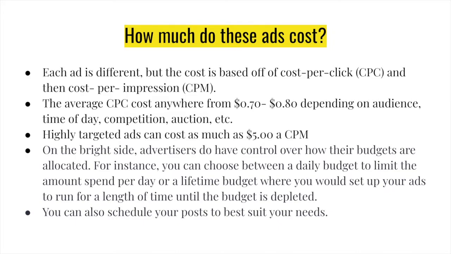The other thing that cost can be based off of is called cost per impression, which, rather than being based off of the clicks on the advertisement, is based off of the views of the advertisement. So it's a certain rate per 1,000 views of the advertisement. Very targeted ads can cost up to $5 per cost per impression, so $5 per 1,000 views of the advertisement.